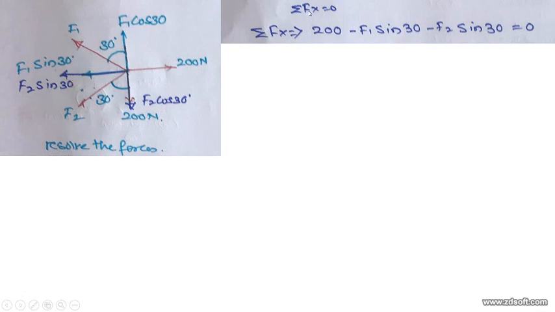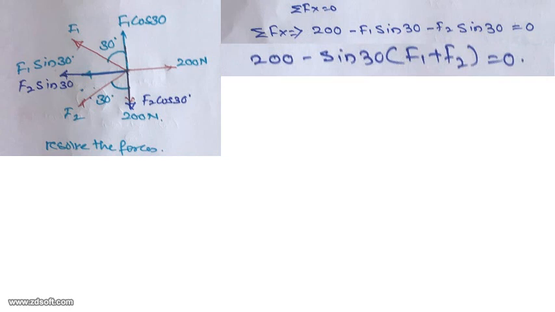So if I take summation of Fx equal to 0, I'll get 200, which is moving to the right side, so I will take it as positive. Whereas F1 sine 30 as well as F2 sine 30 are moving opposite to the 200 Newton force, in a leftward direction. For the leftward direction, the sign convention we have taken is minus. So I'll get minus F1 sine 30 minus F2 sine 30, which is equal to 0.